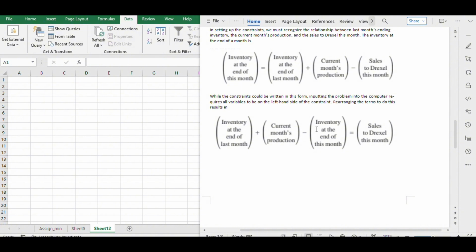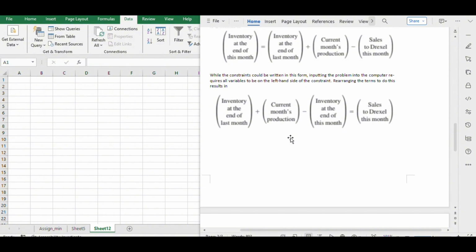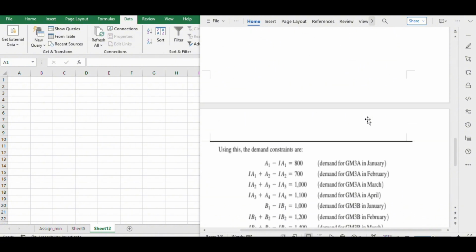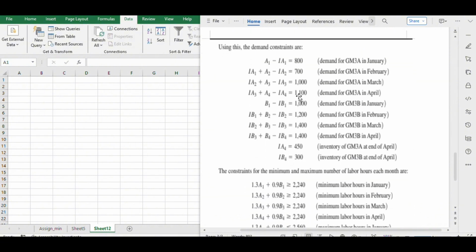So there will be a value for the right-hand side. The inventory at the end of last month plus the current month's production minus the inventory at the end of this month will be the sales to Drexel. So here it is. As you can see, for the demand in January, we have A1, and then we just subtract from it the inventory of A1 for January.